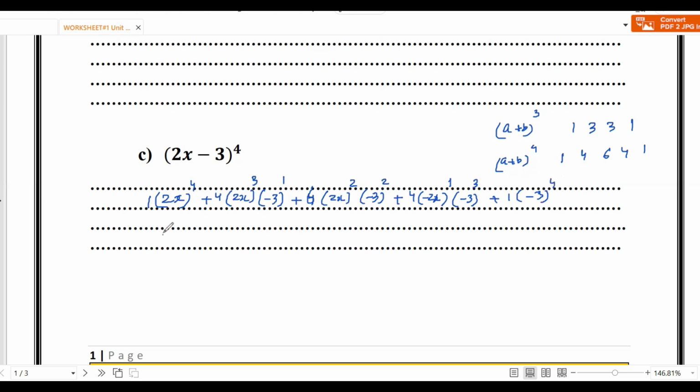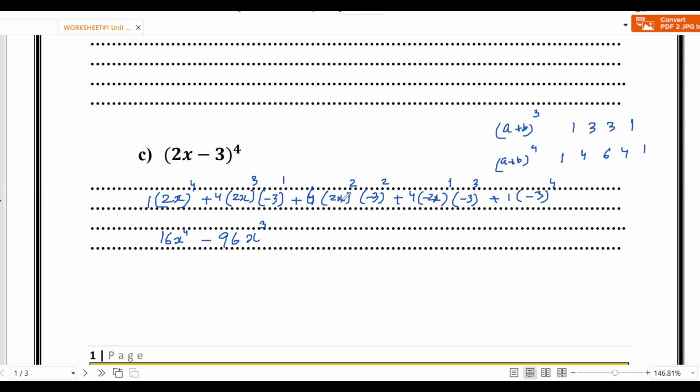2 to the power 4 gives us 16x to the power 4. And here 2 cubed gives us 8. So 8 multiplied by 4, multiplied by 3, is 96, so minus 96x cubed. And then 2 squared means 4.